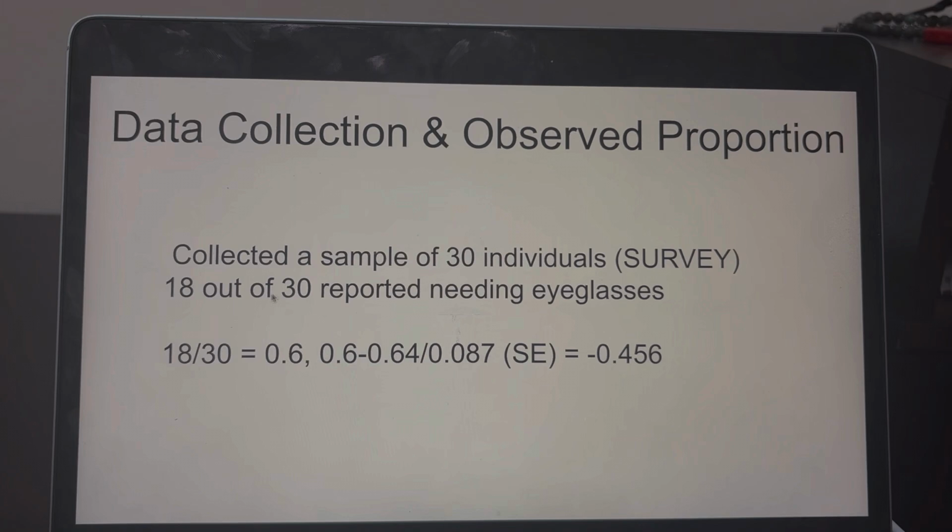So for the z-score, you need to do 0.60, which is the observed one, minus 0.64, which is p, over 0.0877, which approximately gives you negative 0.456 for the z-score. The z-score of negative 0.456 indicates that the observed proportion is well within 2 standard deviations of the expected mean.